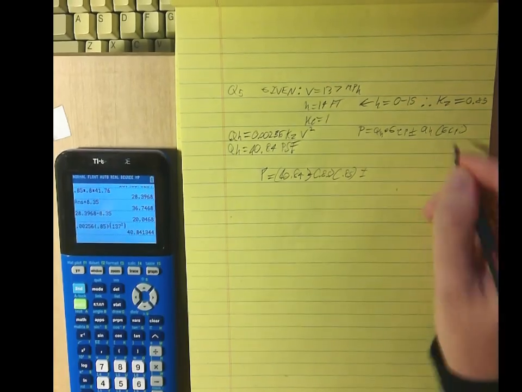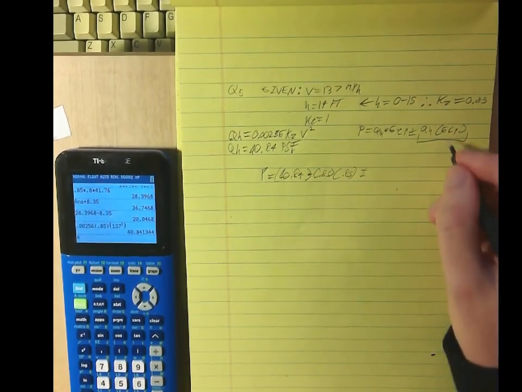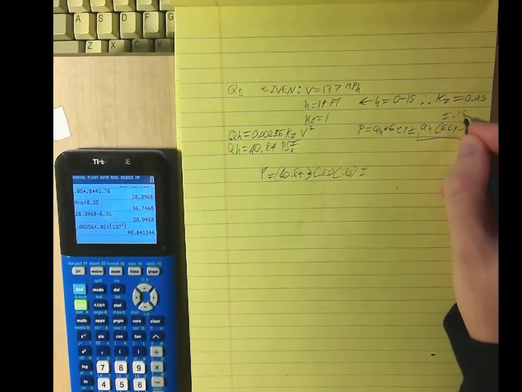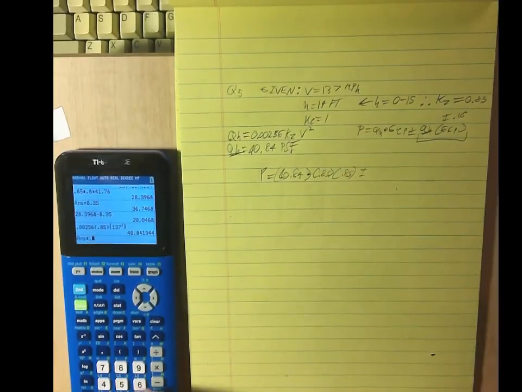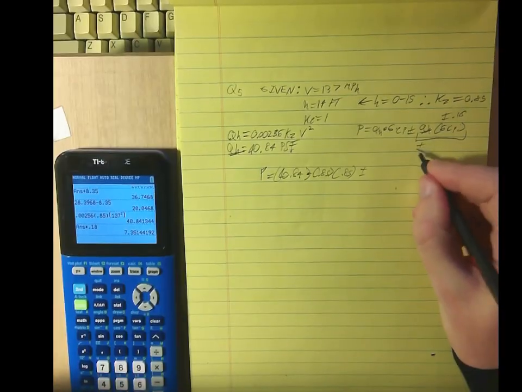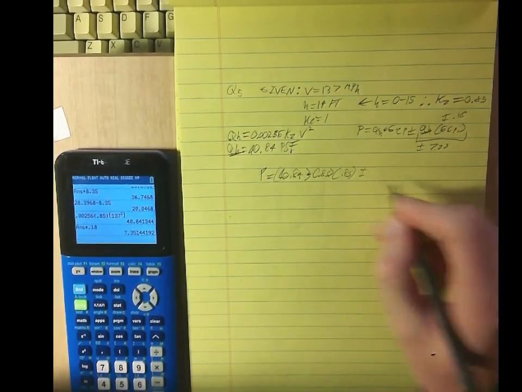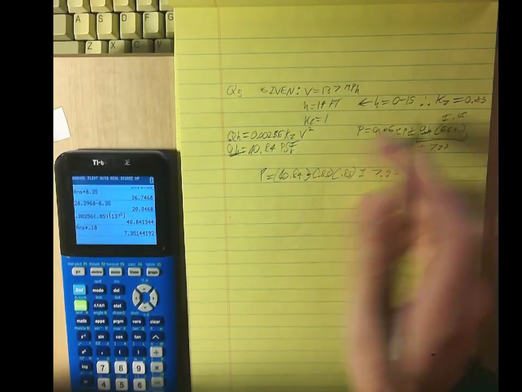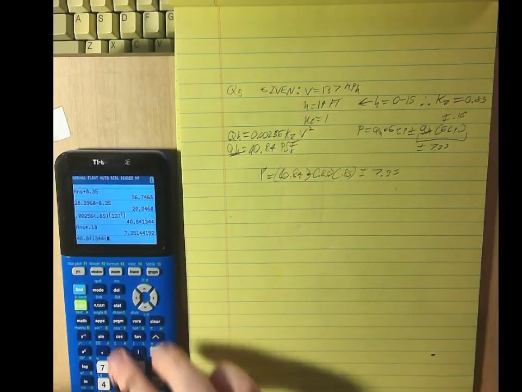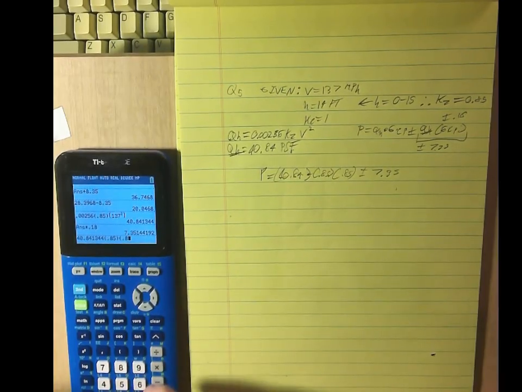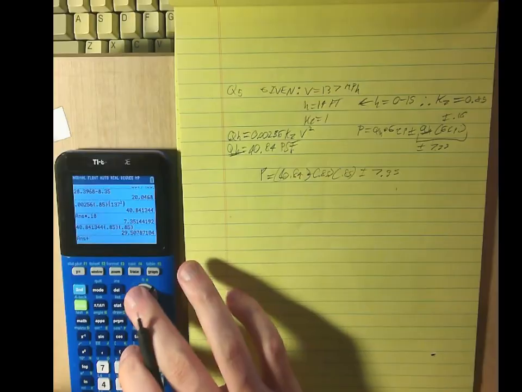And this is going to be plus or minus whatever this comes out to be, because this is plus or minus 0.18. We know what QH is right here. So if I do this times 0.18, we know that this is going to be plus or minus 7.35. So the answers we're going to get here are going to be this times 0.85 times 0.85 plus this.